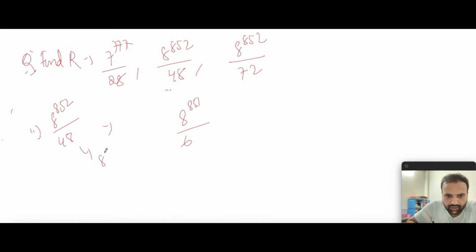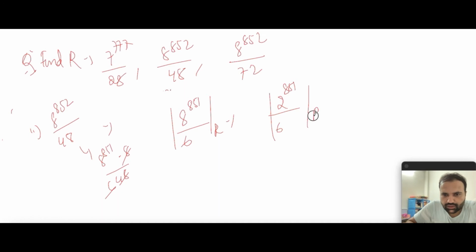Again, 8 into 8 to the power 51 by 48, that is 6. Simple. We need to find the remainder. 6 to the power 8. It should be around 2, I guess. That's what should be the remainder. 1 by 6. That's how the remainder, that should be the final answer. We cannot conclude anything from here.